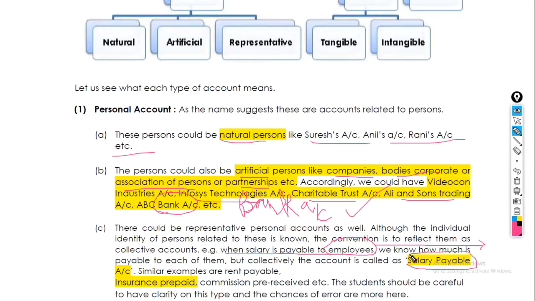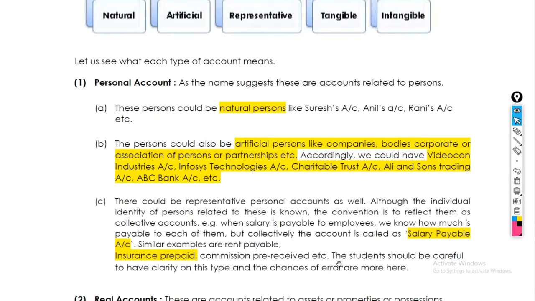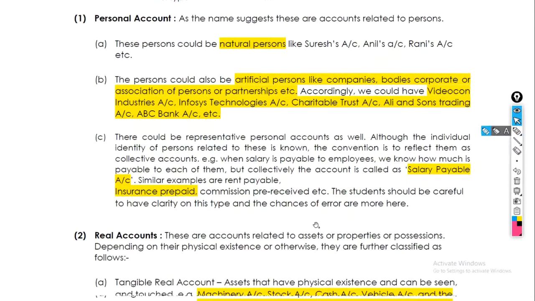We'll just make an account called salary payable, which represents a group as a whole. This can also be insurance prepaid, commission pre-received, etc. We'll learn more about it when we move forward. And this is the most confusing part for students. Now let's move on to what a real account is.